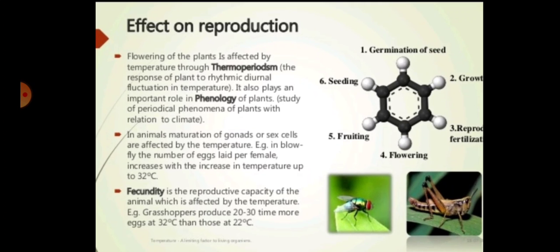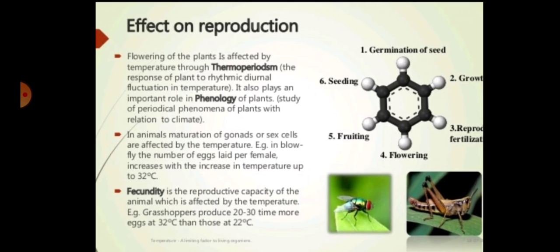Temperature also affects the fecundity of animals. Fecundity of an animal is defined as its reproductive capacity, that is, the total number of young ones given birth during the lifetime of the animal.